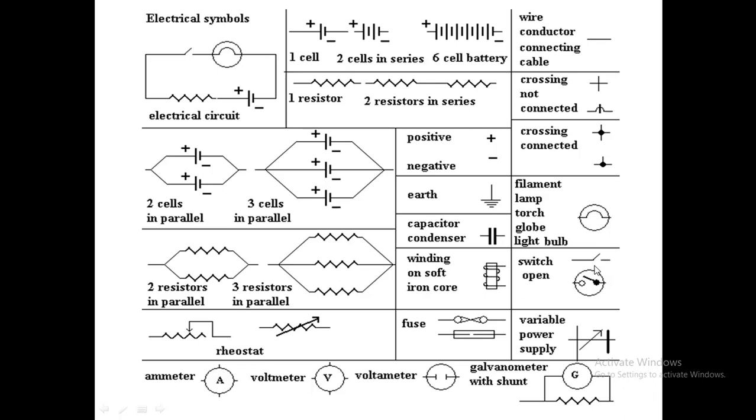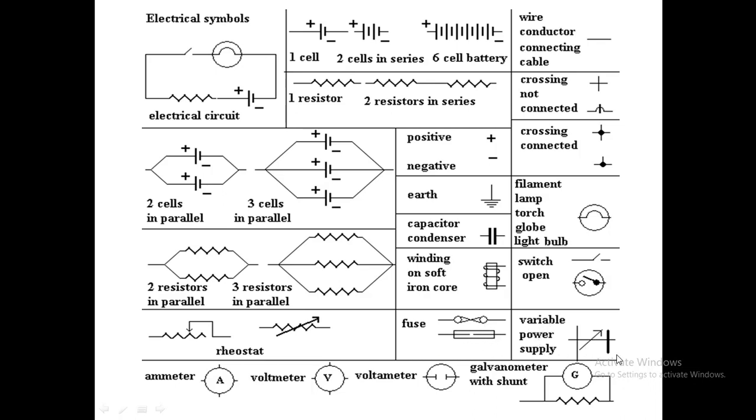Switch open. This is the symbol for switch open. When the switch is open, the circuit is not complete and the current will not flow. Rheostat or variable resistor. Fuse. Generally you see the fuse wire in your main supply. This is the symbol for fuse. Variable power supply.